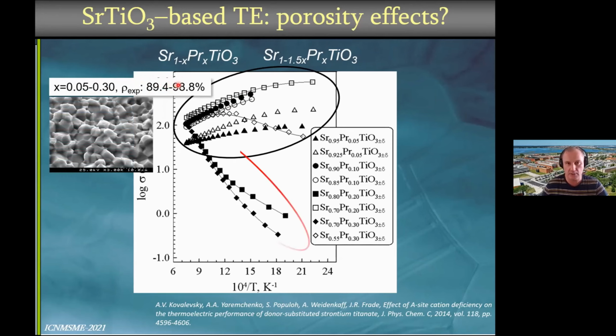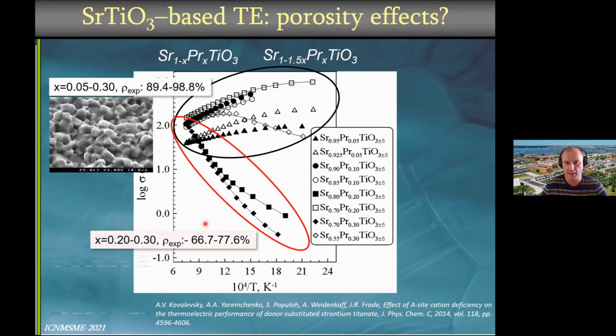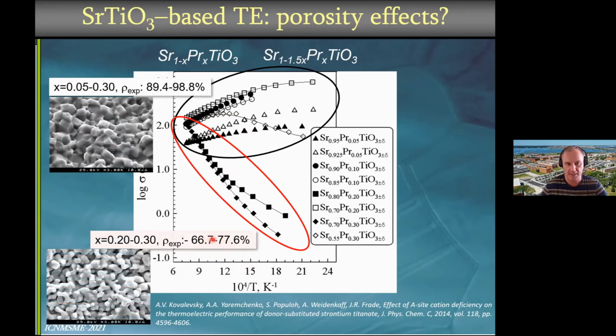And again, those two are pretty less dense, and you cannot explain this difference by applying any porosity correction formula, considering, for example, any composite model where basically the phases are the material itself and voids. So what is changing the whole conduction mechanism? It becomes thermally activated.